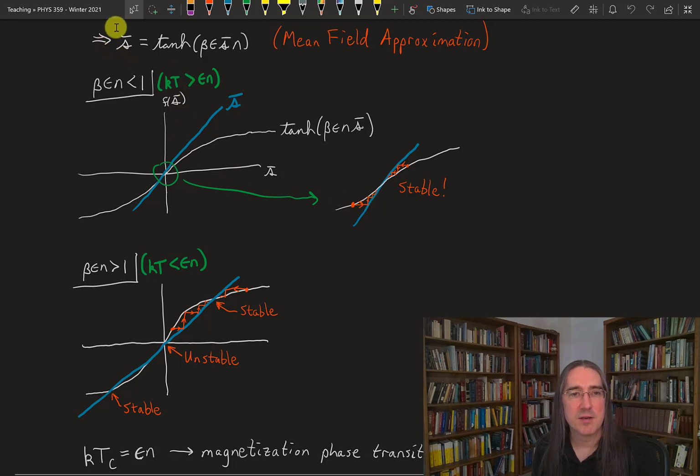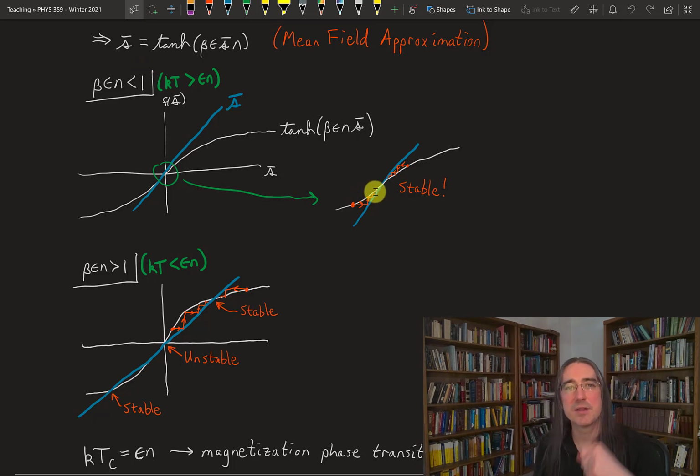But if S bar is our new magnetization, it should also be tanh of this stuff. So from here we say S bar equals this new value, plug it into the tanh. That gives us a new value for S bar. If that's our new value for S bar, we should plug that into the tanh.